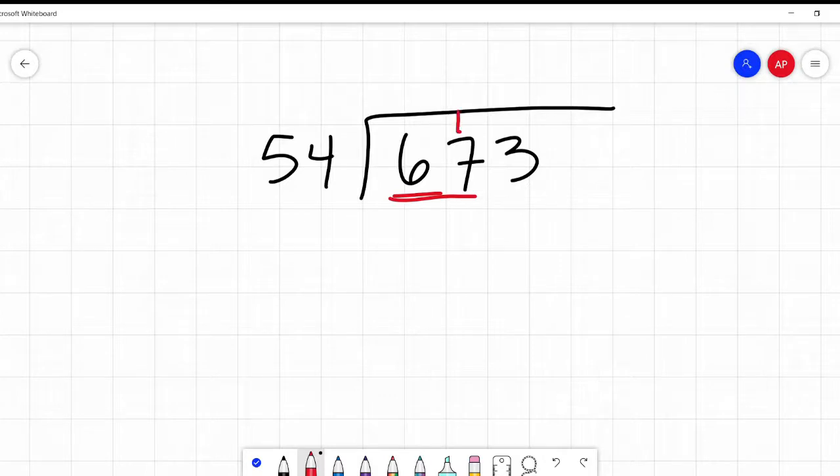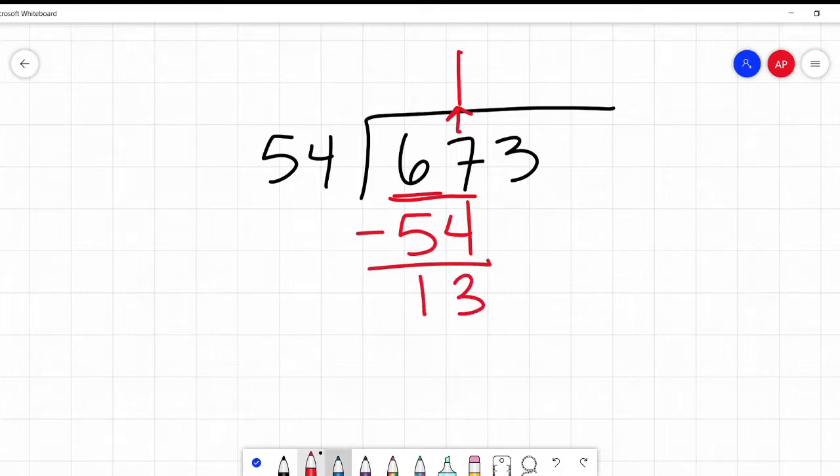Yes. So I go directly above the 7 and write that 54 goes into 67 one time. Multiply back: 1 times 54 is 54. I subtract and get 13. Does 54 go into 13? No. Let me bring down my 3. Does 54 go into 133?